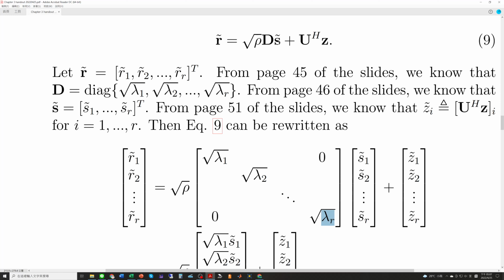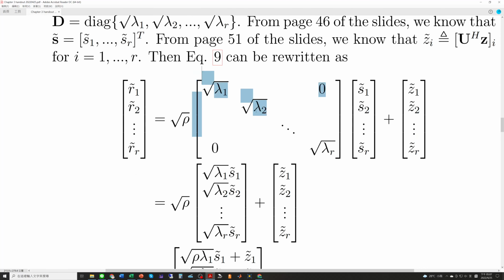Then D times S tilde, where S tilde is this vector, S tilde 1, S tilde 2 to S tilde R. Finally, plus U Hermitian Z, and the ith element of U Hermitian Z is defined as Z tilde i. So U Hermitian times Z is equal to this vector, Z tilde 1, Z tilde 2 to Z tilde R.